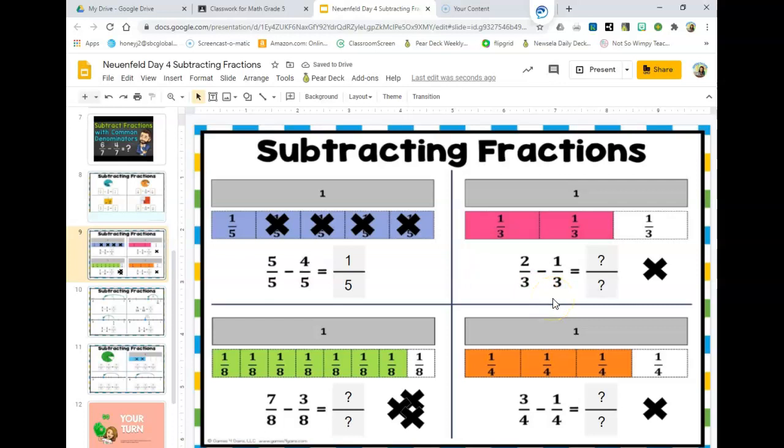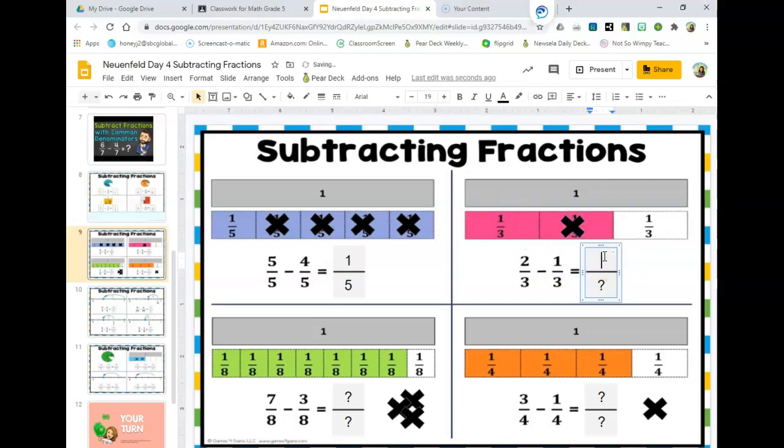All right, let's take a look at our next one. Please pause this video and solve this problem on your own. Okay, if I have 2/3 and I take away 1 of those, how many do I have left? I have 1 left. 1/3. Very good.